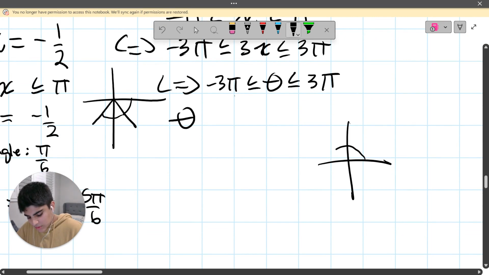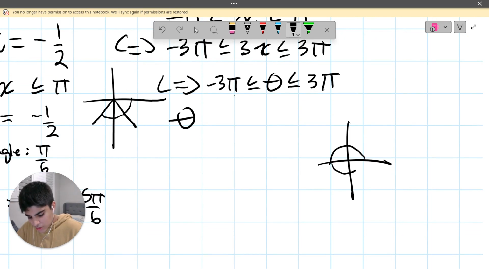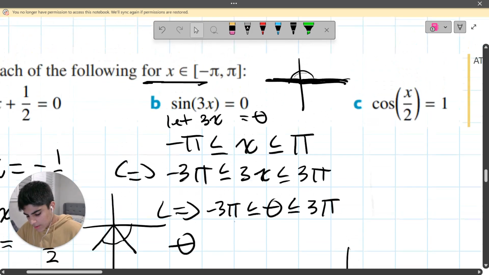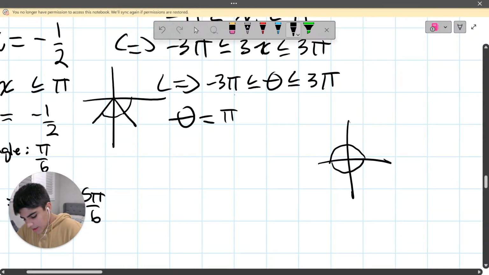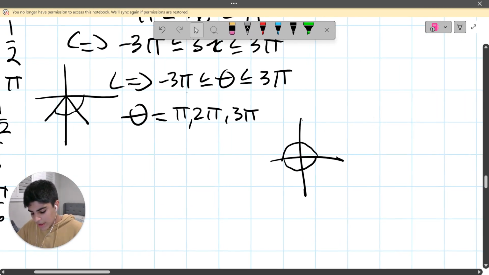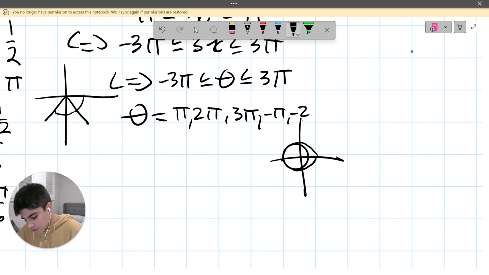Theta equals pi, 2 pi and 3 pi. In the other direction, negative pi, negative 2 pi, negative 3 pi.